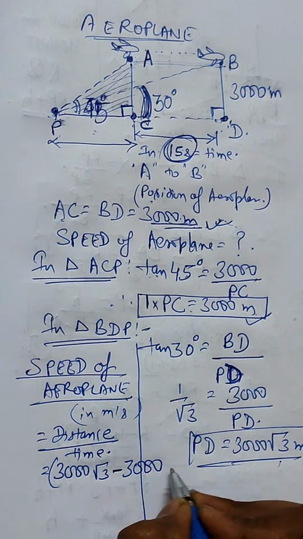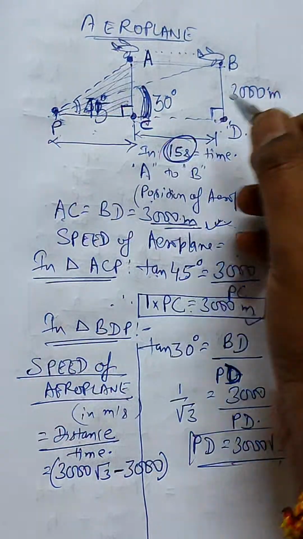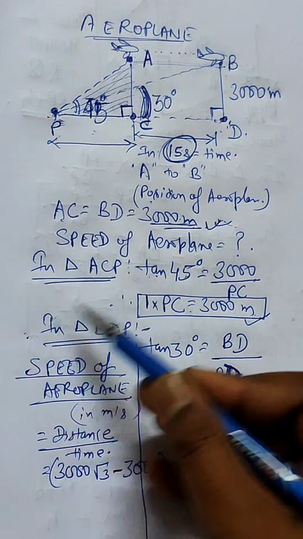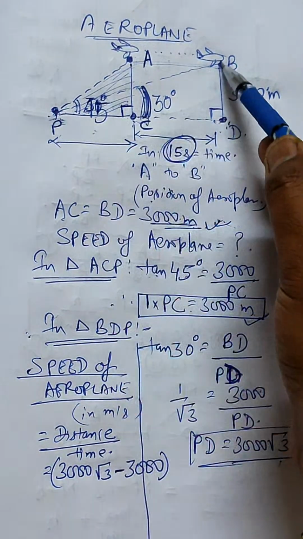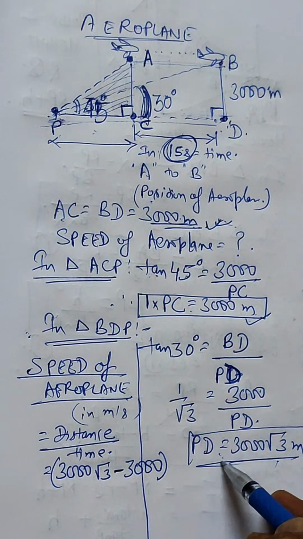This will give you the total distance, because from this triangle BDP, from this relation we have calculated the length of PD. Okay, this length of PD here you can see.